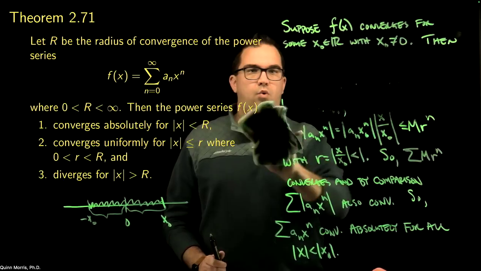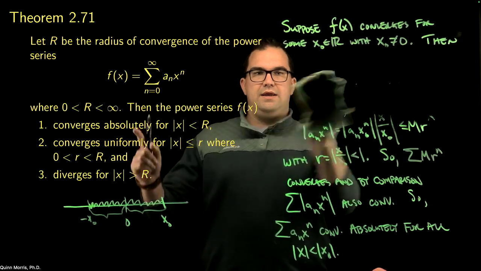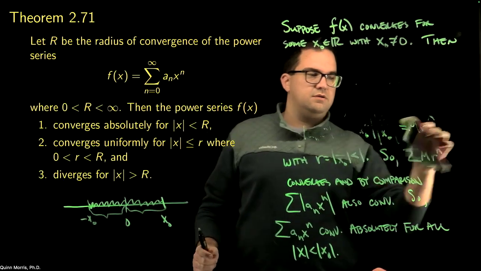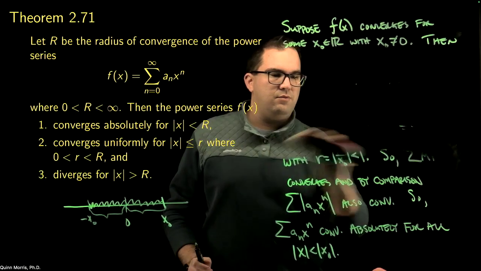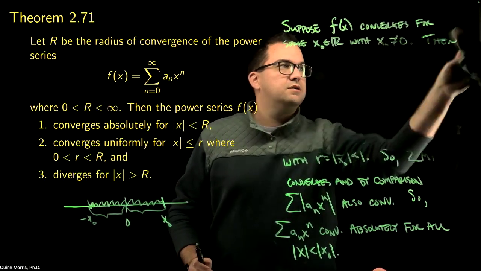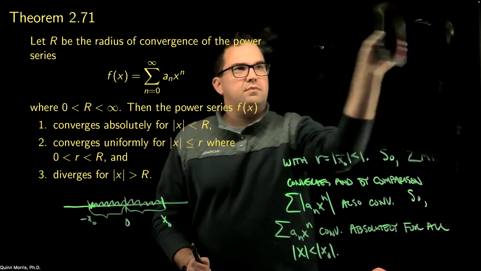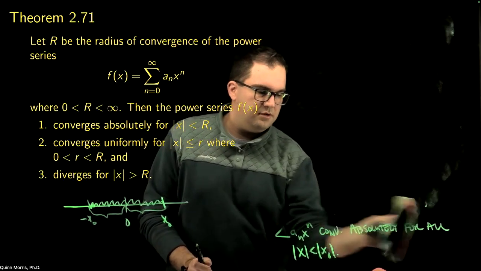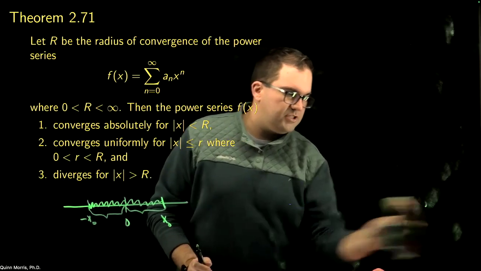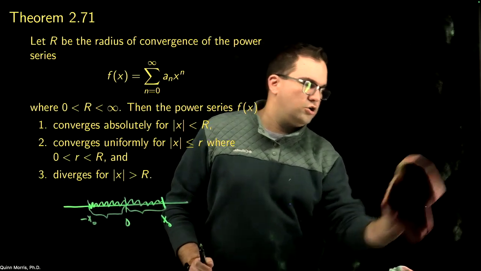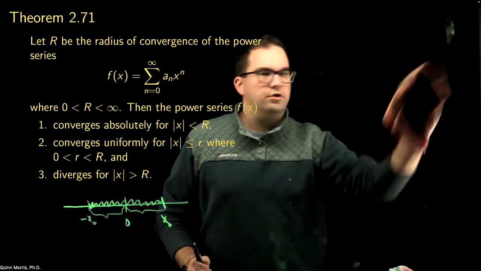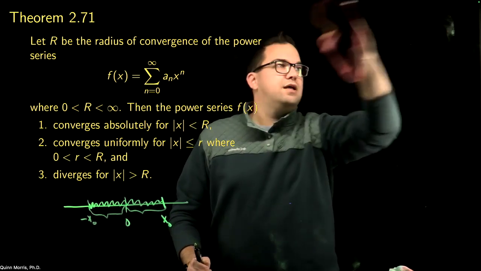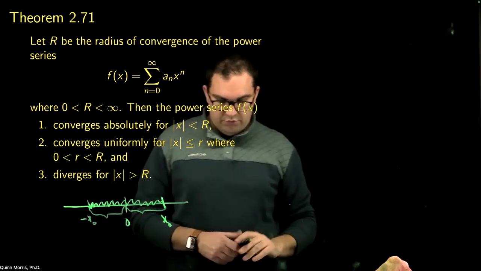Now notice this isn't quite what we wanted here. We've got not that it converges absolutely. We've got to define really what this radius of convergence is. Well, we said before, we really want the radius of convergence to be the largest value for which this works. So it's sort of like finding the largest x naught where this works. Okay, and so that's precisely what we're going to do.